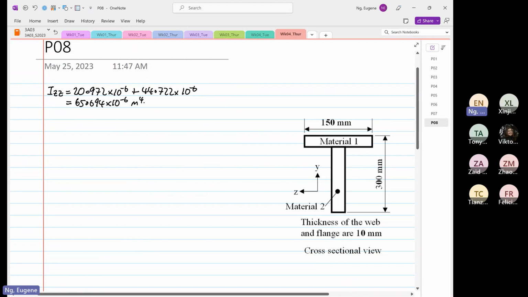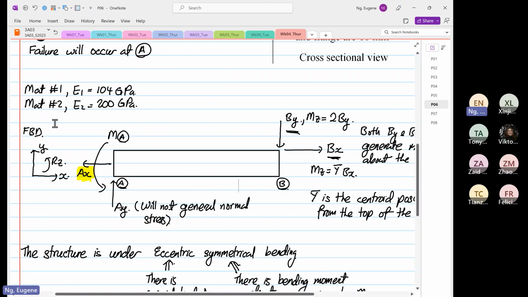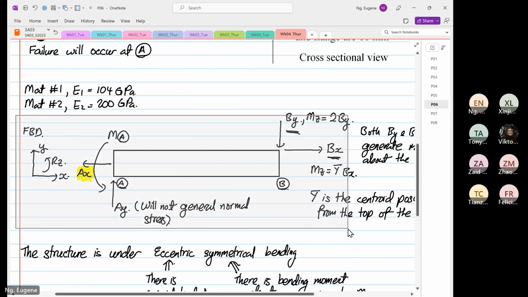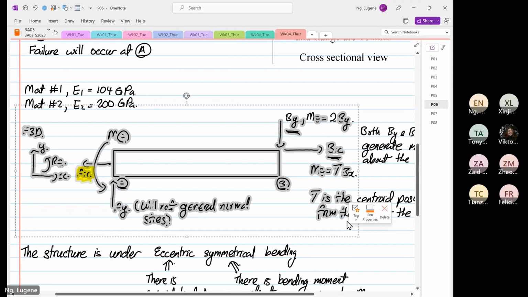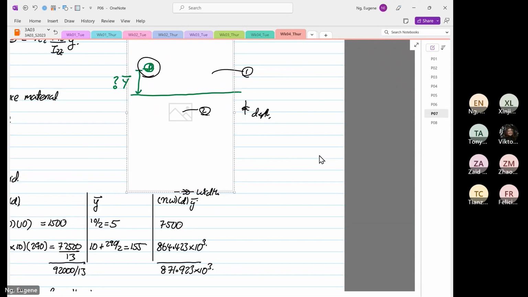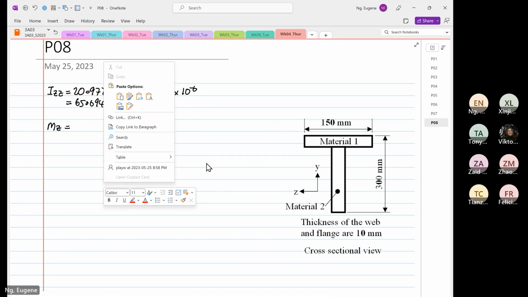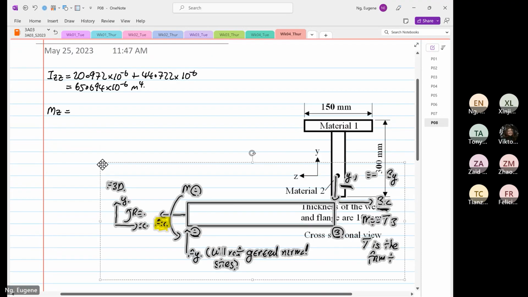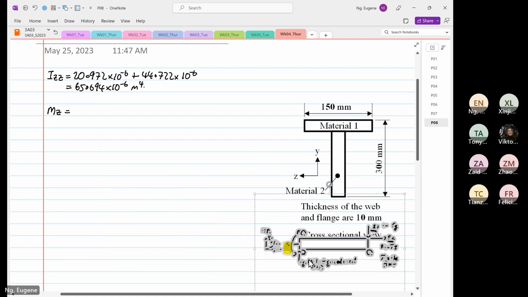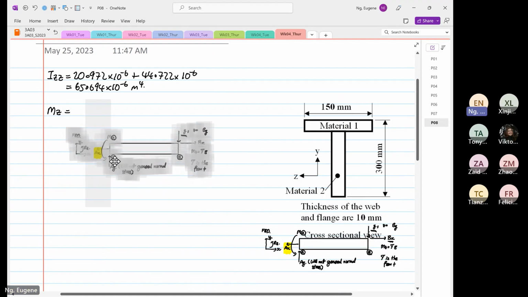So if we look at our moment, so moment about Z, this will be equal. So let me pull back our free body diagram. Let me string it down. Right.